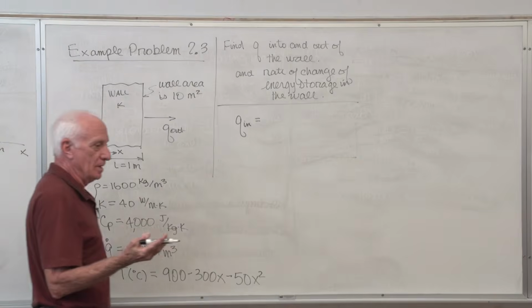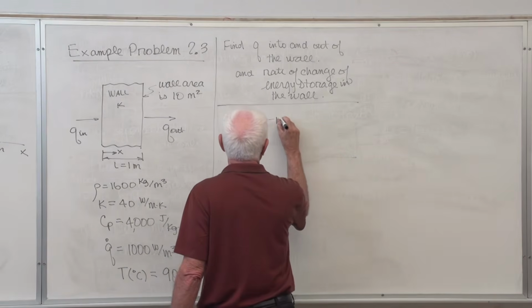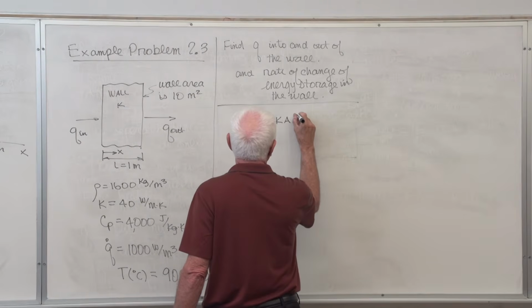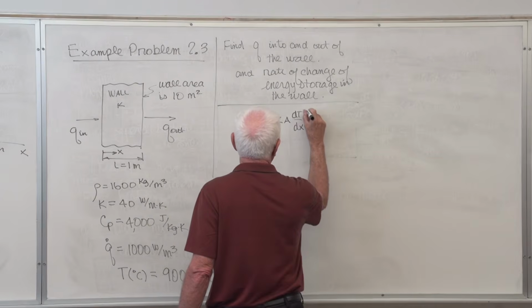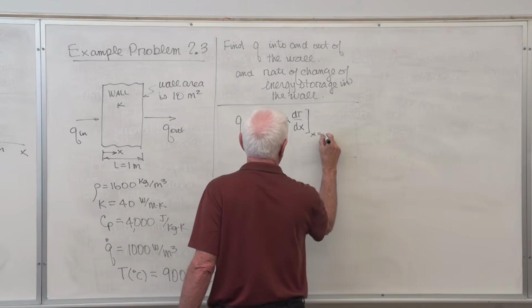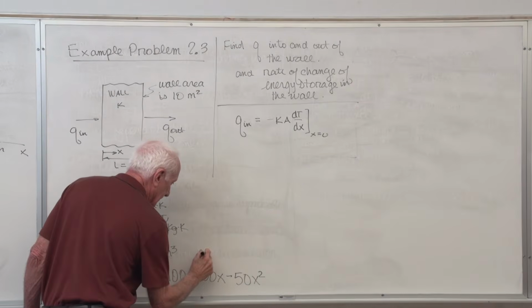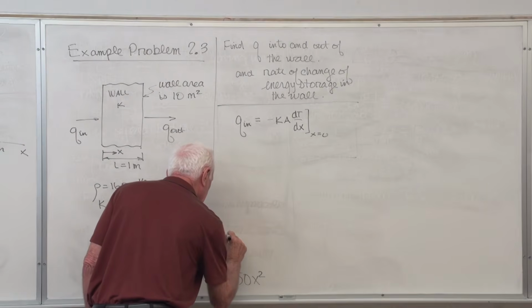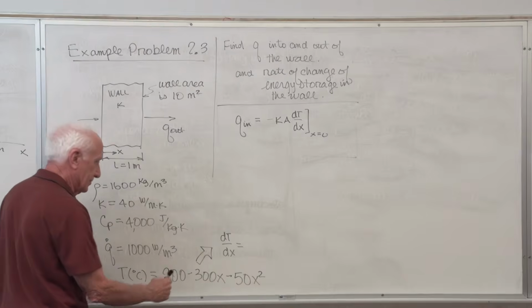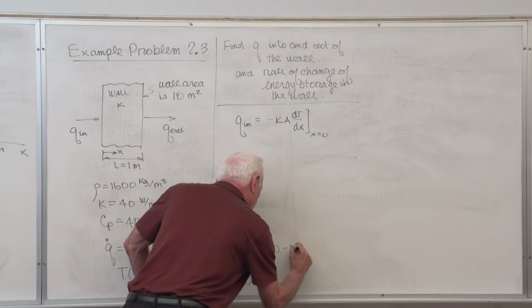So I go back to chapter 1, Fourier's law. Q equals minus K A dT/dx, at the location in. And where's that? At x equals 0. dT/dx equals minus 300 minus 100x.